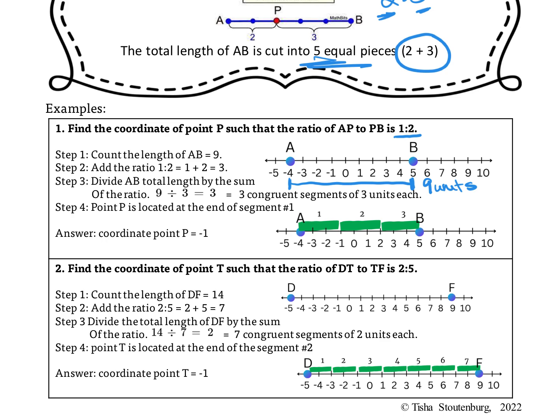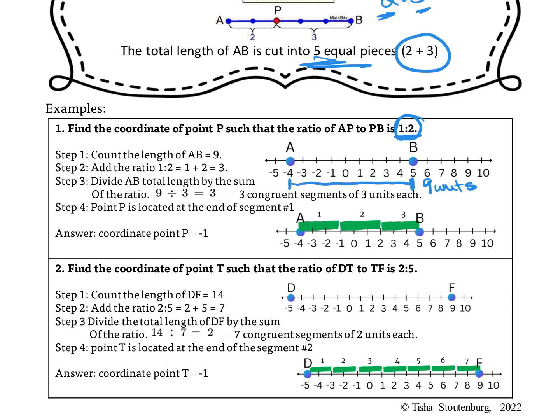So then next, after we find the total, we have to go back to our ratio. We need to determine how many congruent pieces we want to break up this line segment into.